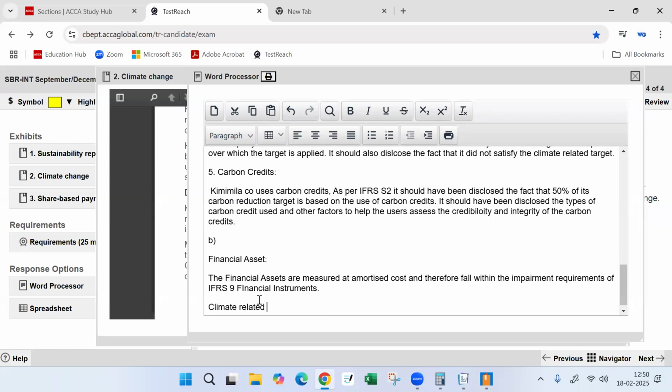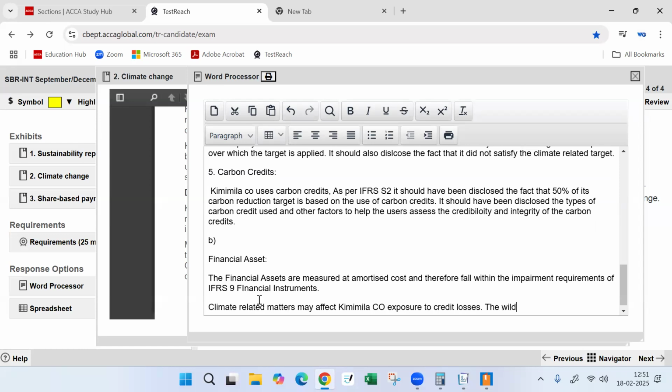Climate related matters may affect Kimimila company's exposure to credit losses.